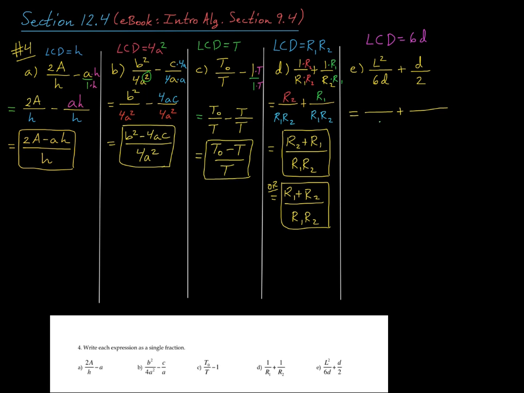So we have this 6D as the denominator, and that first fraction's already set up for us. And in the second fraction, to go from 2 to 6D, I need to multiply by 3D. And then I'm going to have to do the same thing up to the D in the numerator. So that's going to give us 3D squared for that new numerator.